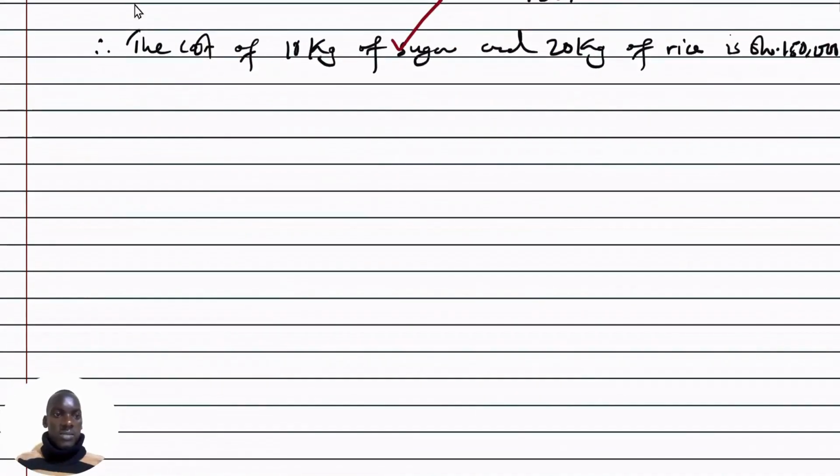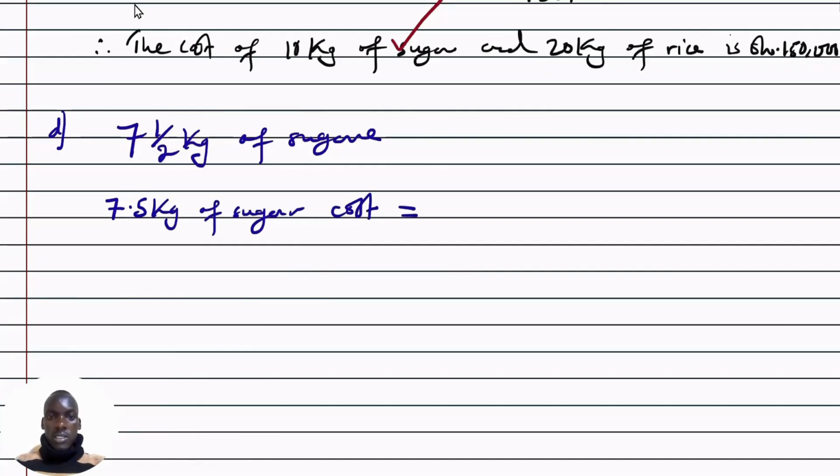This is what I mean. For part D, which is the last part, remember 7.5 kilograms of sugar were bought, implying that we need to find the cost, the expense of buying these 7.5 kilograms of sugar. That means you can say that 7.5 kilograms of sugar costs, simply we are going to multiply 7.5 by the unit cost of sugar, which is the 4,000.